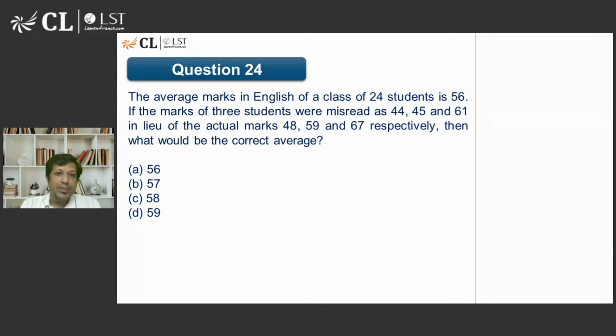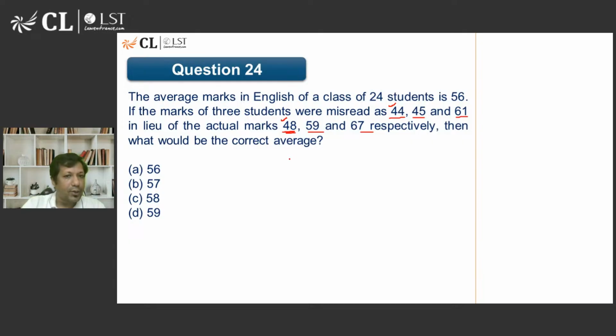Now let's look at this one. The average marks of English is 56. If the marks of three students were misread as 44, 45, and 61 in lieu of actual marks of 48, 59, and 67. Now, if you want to calculate the actual average, you need to increase this student's marks by 4.